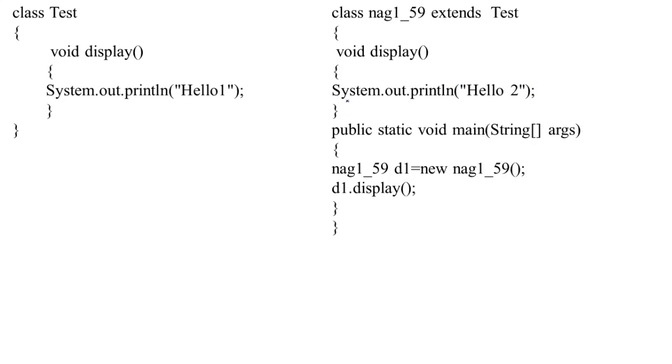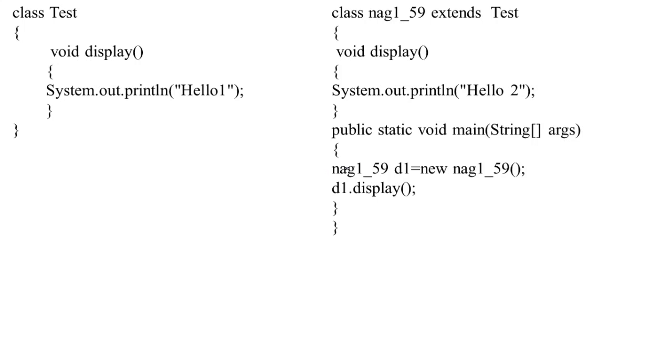Now what's happening? This is the beginning of this void display method, this is the ending. This is the class beginning, this is the class ending. Of course, this is public static void main, beginning and ending. We know the meaning of public static void main. How can I create an object in Java? Usually we create an object for the subclass, which has properties of the superclass as well as its own.